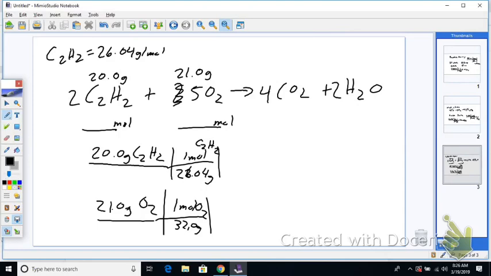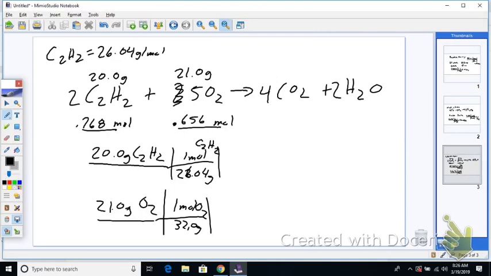So what's the answer when we take 20 divided by 26.04? What's the answer that goes in here? 0.768. You guys agree with that? Okay, and then 21 divided by 32 would go in here. What would that be? 0.656.